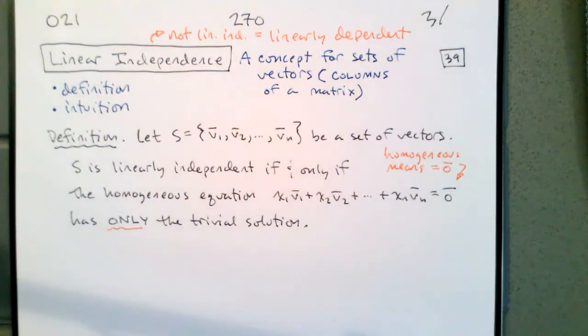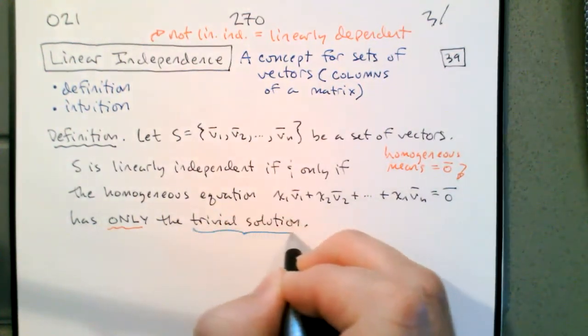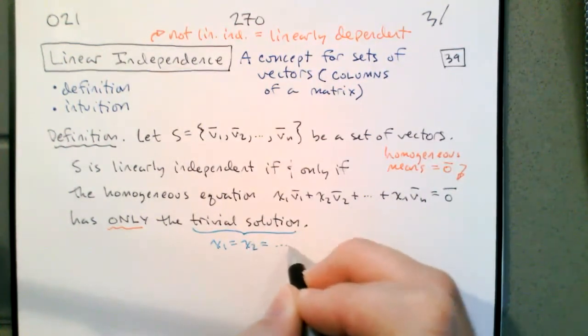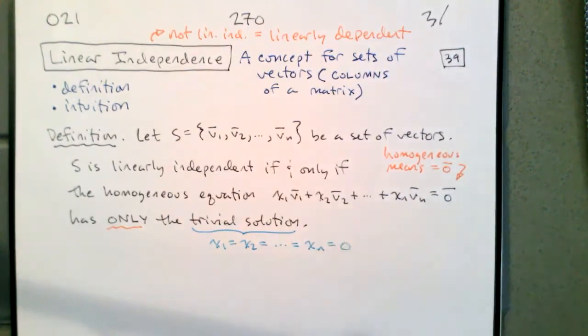The homogeneous equation is always consistent because we can always make all the variables equal to 0. The question is, do we have non-trivial solutions? Trivial solution means that x1 is equal to x2 is equal to all the coefficients are equal to 0.